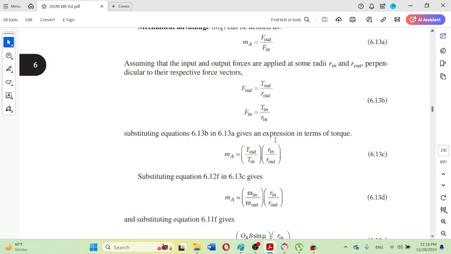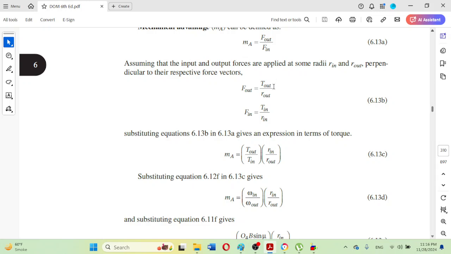After that we will be cross multiplying R, as we can observe here that numerator and denominator can be interchanged like this, that the denominator of T out, which is actually R out, can be shifted like this in cross multiplication, that T out divided by T in, because here this is F out divided by F in.